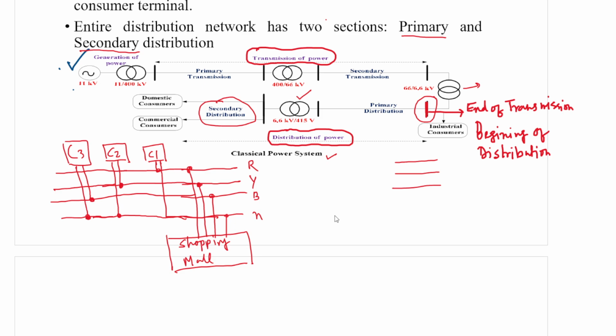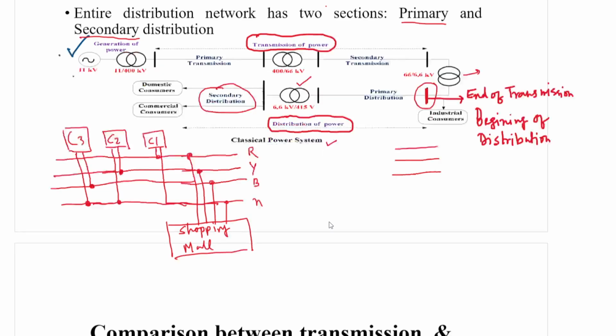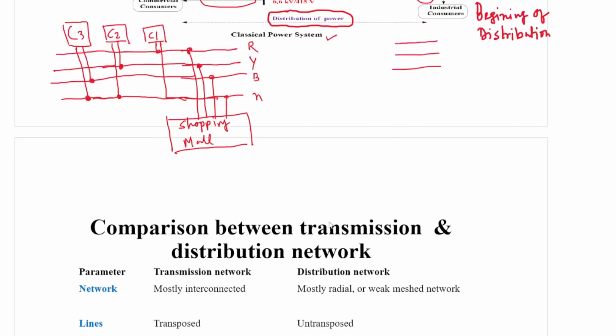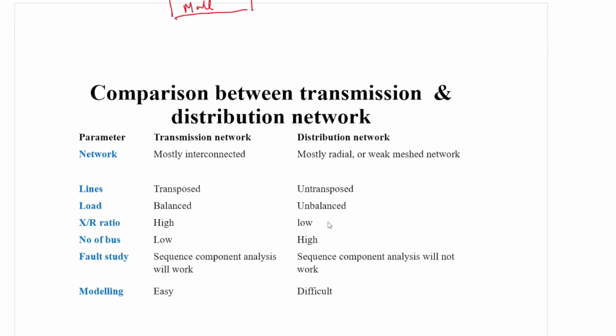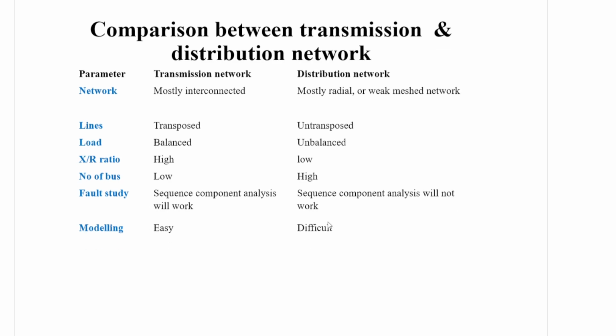Before discussing the distribution network, we have invested a lot of time on the transmission network. Now we shall study the distribution network very shortly. To bridge that transition, we should compare transmission and distribution networks in several parameters.